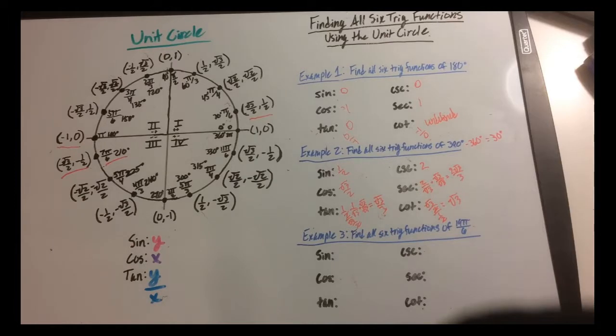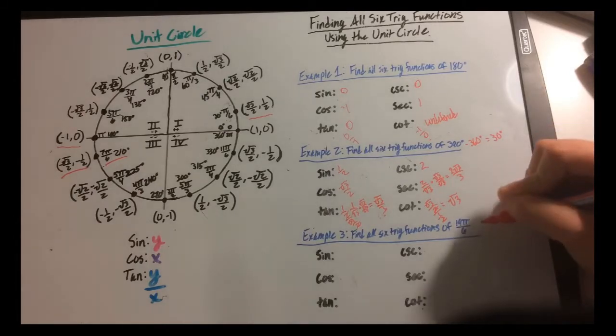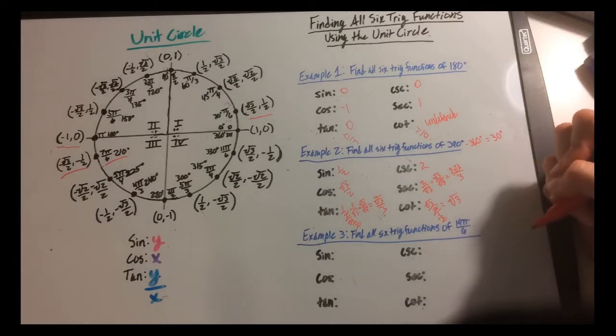So finally, we have example number 3. So we're finding all 6 trig functions of 19 pi over 6, but like the example before, we have to find the coterminal of 19 pi over 6 because it does not exist on the unit circle. So we have to subtract 2 pi from this.